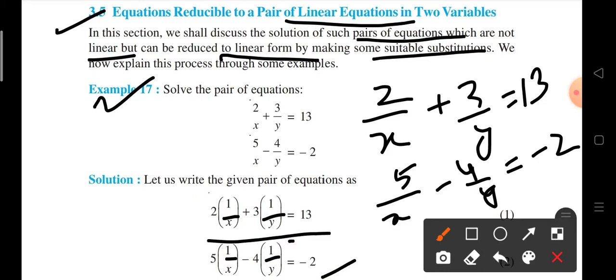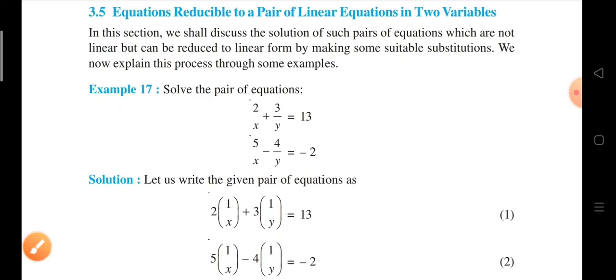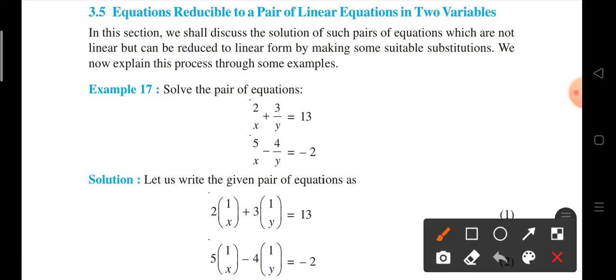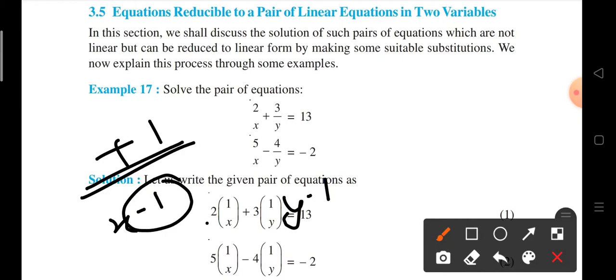Now what we can do is let 1 upon x be something and 1 upon y be something, because here they are actually in the power, x to the power minus 1 and y to the power minus 1. A linear equation should have a maximum degree of plus 1.